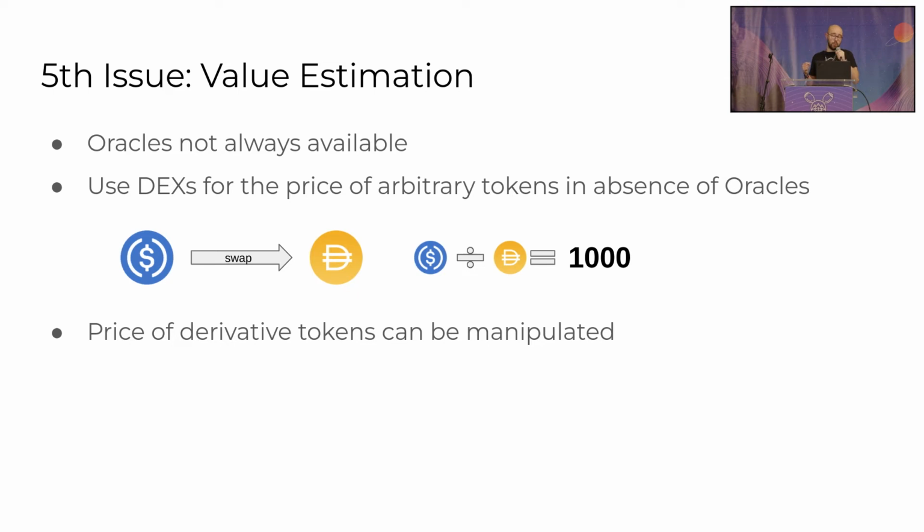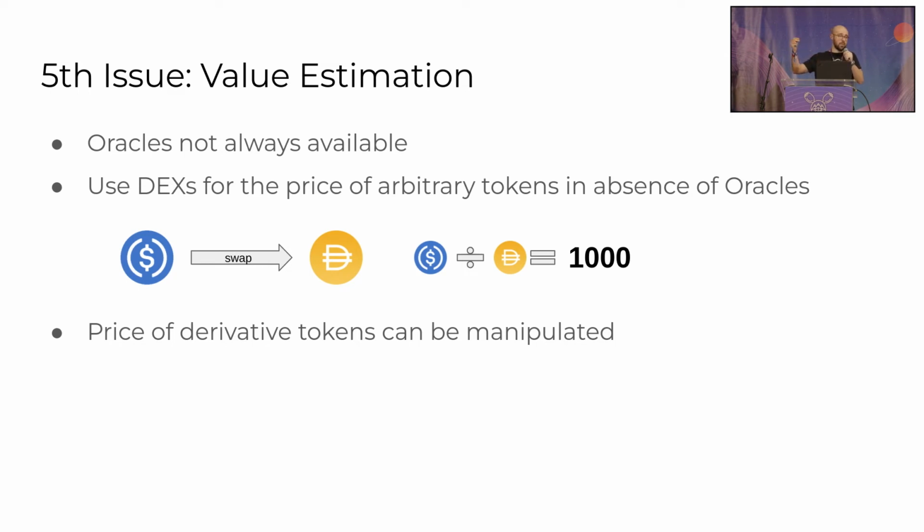Another point, which is a source of a lot of hacks and a lot of issues, has to do with derivative tokens. Derivative tokens are tokens that get their value from an underlying token. So imagine that we stake Ethereum in a protocol and we get back a derivative token which represents the shares of the vault that we staked the Ethereum.